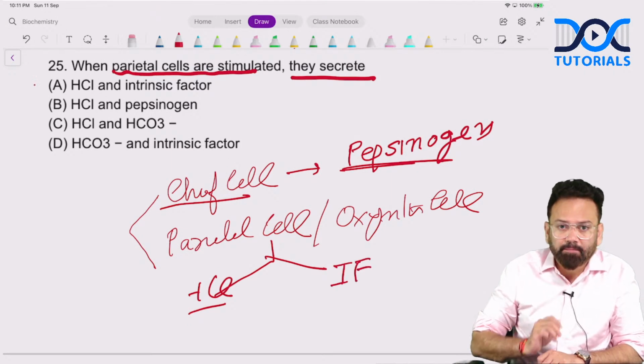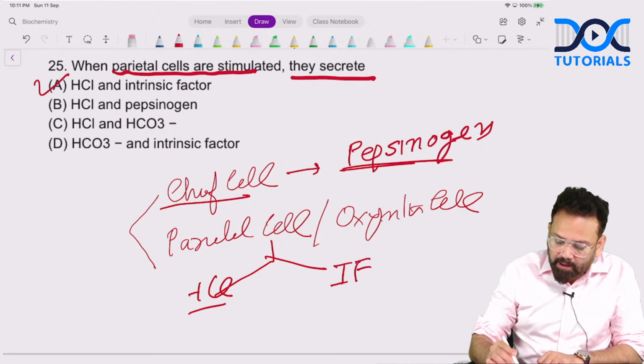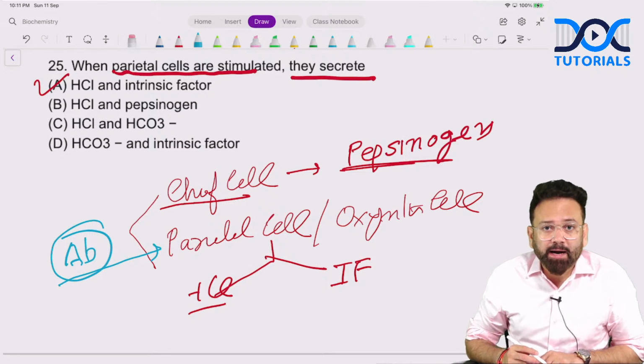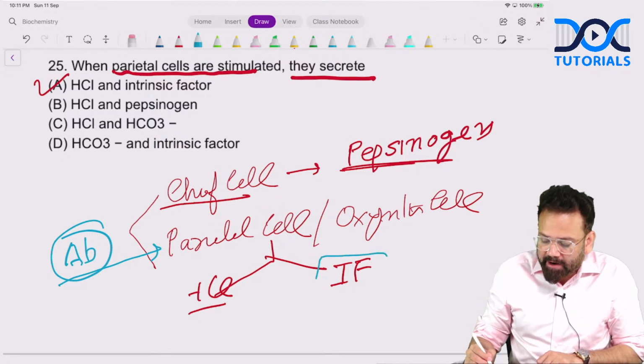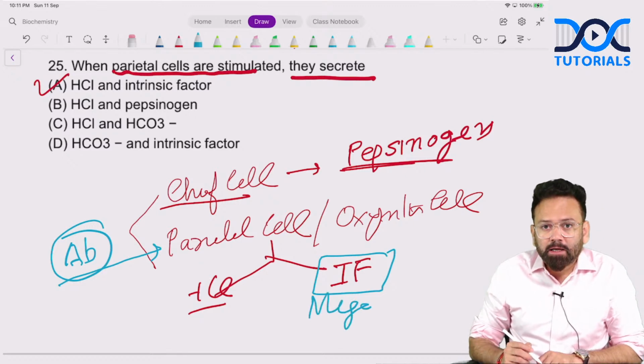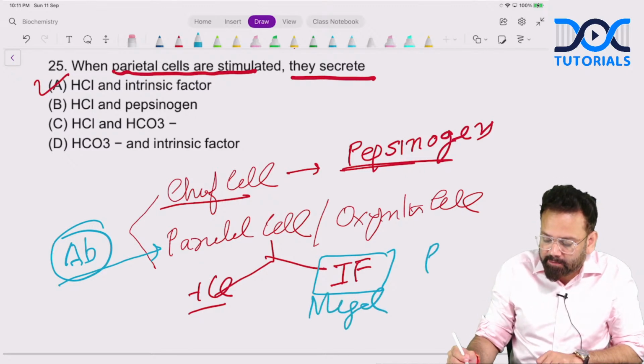So the answer is A. And that is why if antibodies are against parietal cells, intrinsic factor will not be produced and we will have megaloblastic anemia, which is called pernicious anemia.